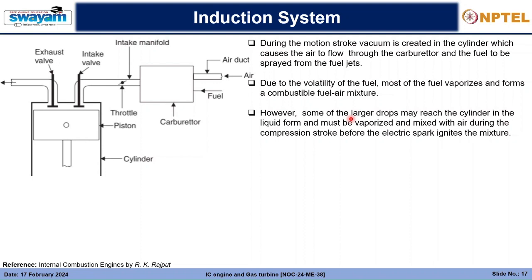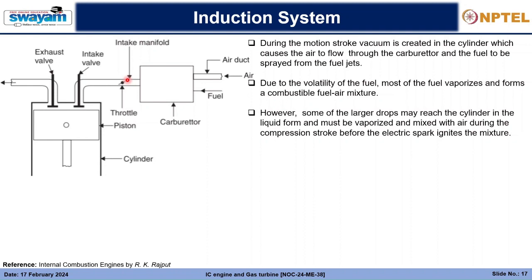In the weekly assignments, you may be asked one question: what is the state of the air fuel mixture entering the cylinder from the carburetor? At the outlet of the carburetor, the air fuel mixture is partially vaporized, not completely vaporized.